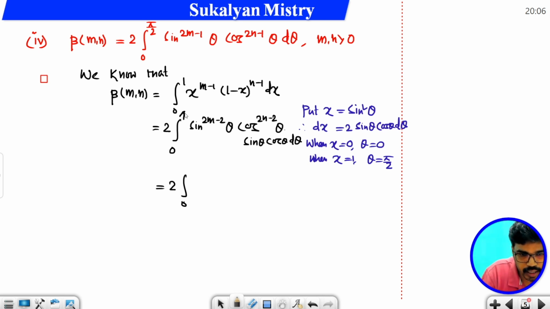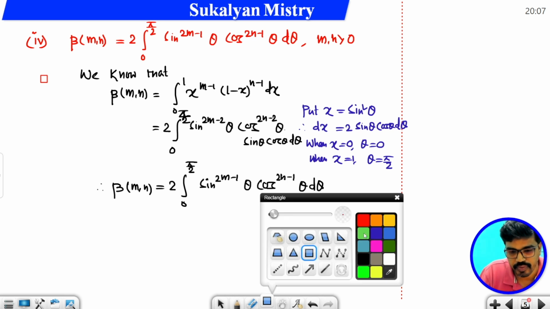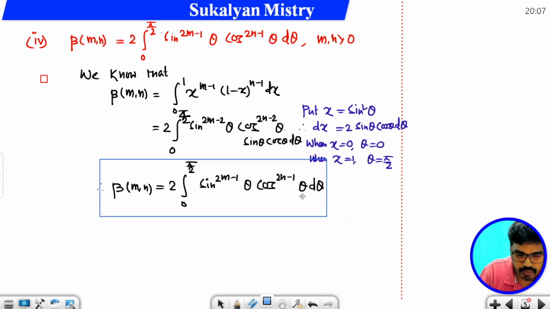So 2 times the integration from 0 to pi by 2 of sine to the power 2m minus 2 theta into sine theta, that means sine to the power 2m minus 1 theta, and cos to the power 2n minus 2 theta into cos theta, that is cos to the power 2n minus 1 theta d theta. So we prove that beta m comma n equals this. Now we deduce a very important result from this.